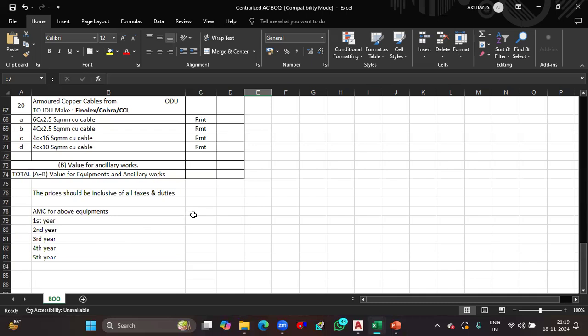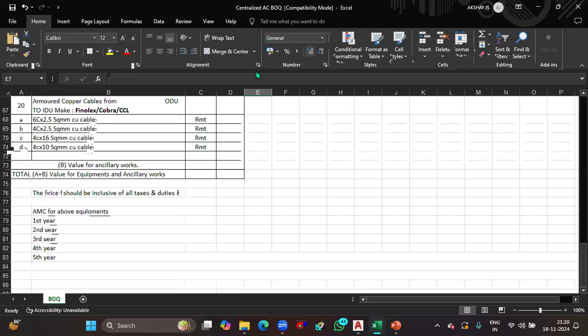That should be quoted according to each year, like first year, second year. Similarly, you can claim it for 5 years. Okay. So it's up to the discussion that you've held with the client itself. So sum total, you will be getting a total amount. Okay, now that's what you are going to quote to your client itself. If the client is okay and satisfied with those, the project will move on.